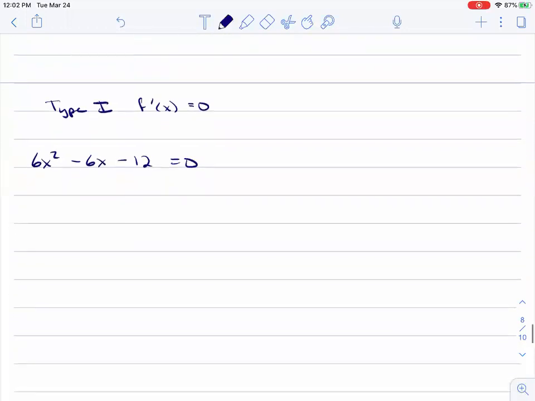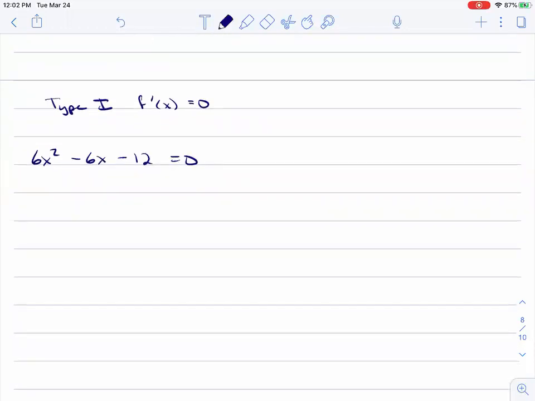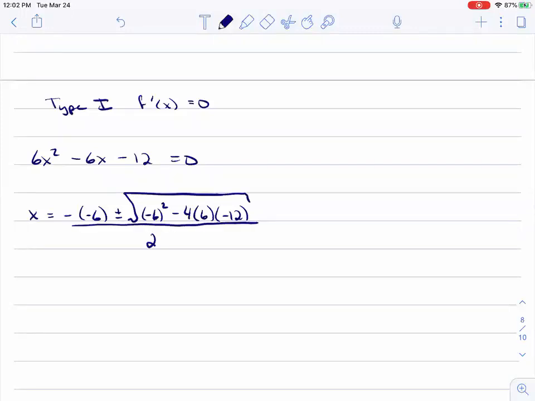Again, I've got this quadratic, so I can use the quadratic formula. So I get x is negative b, which is negative 6, plus minus the square root of b squared. So in this case, that's negative 6 squared minus 4 times a, which is 6, times c, which is negative 12, over 2a, so 2 times 6.